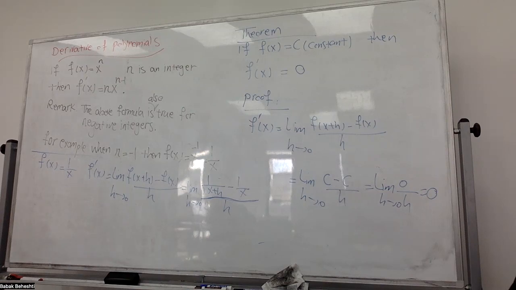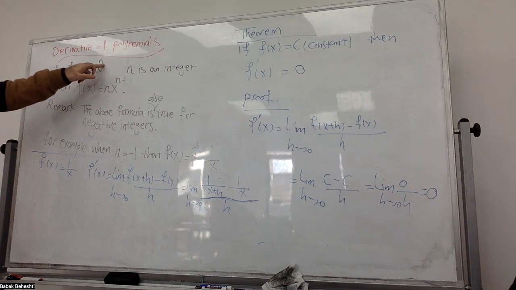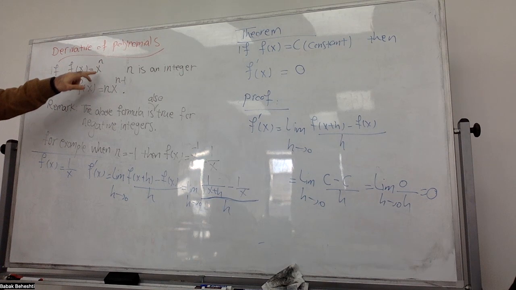So for a constant function, the derivative is 0. For example, a constant function means, when n equals 0 in this formula, f of x equals 1, right?